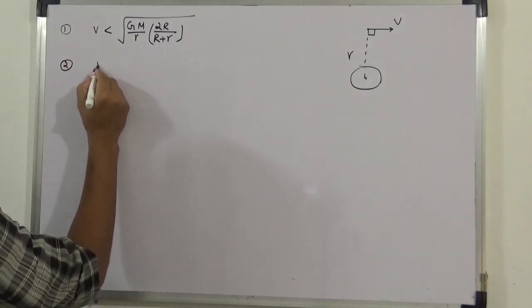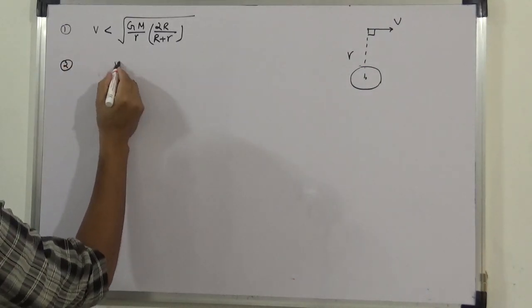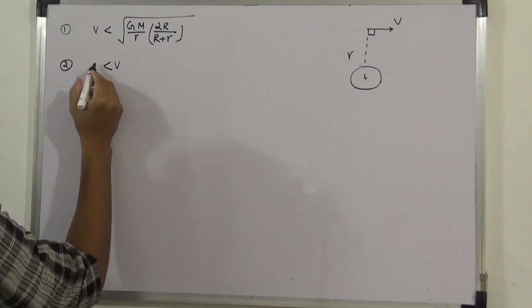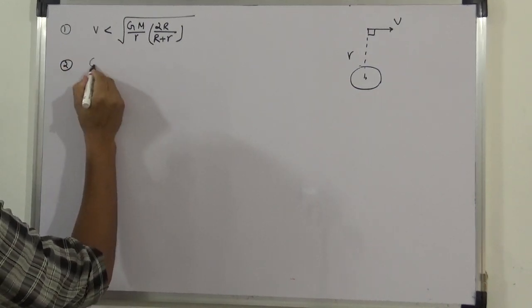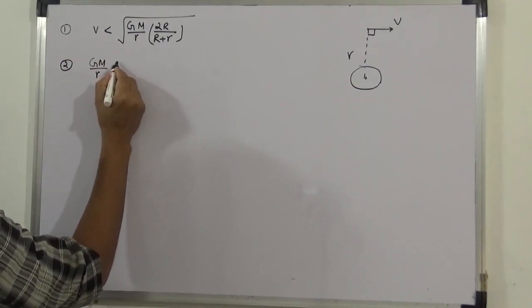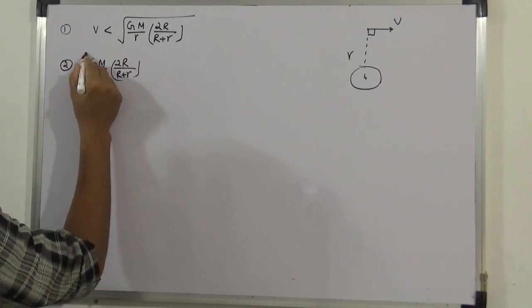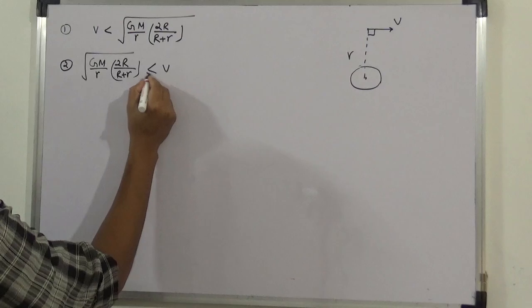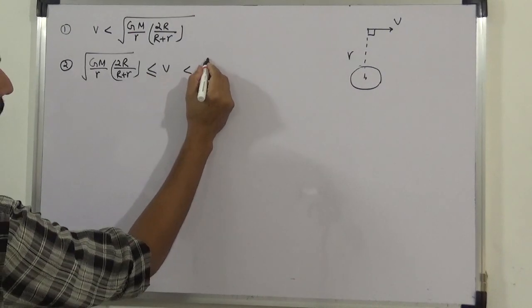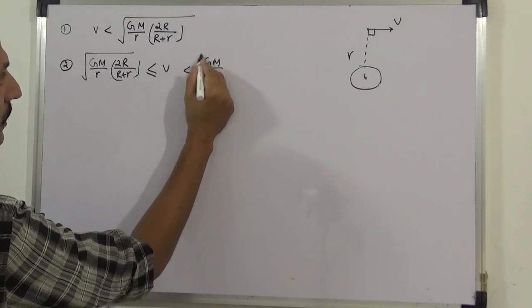Second, if V is greater than or equal to this, sqrt(GM/r)·sqrt(2R/(R+r)), you have to remember this, and less than sqrt(GM/r), this is orbital.